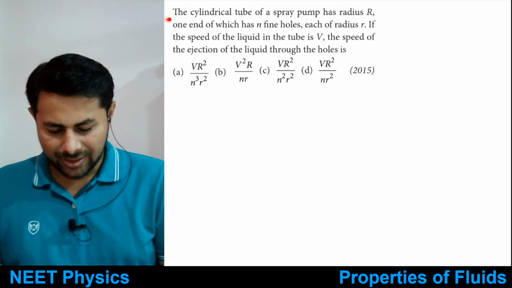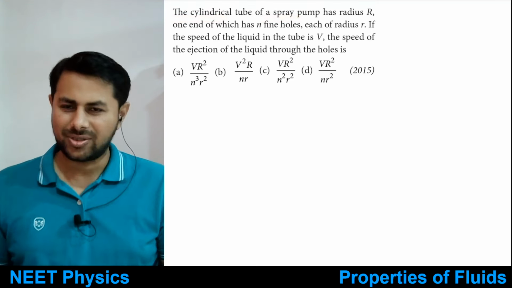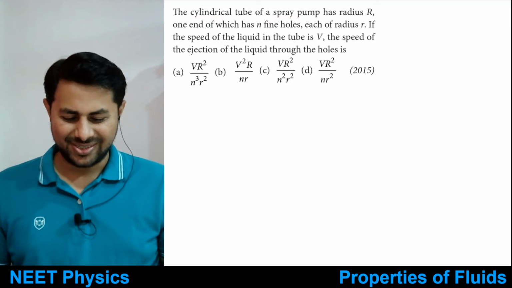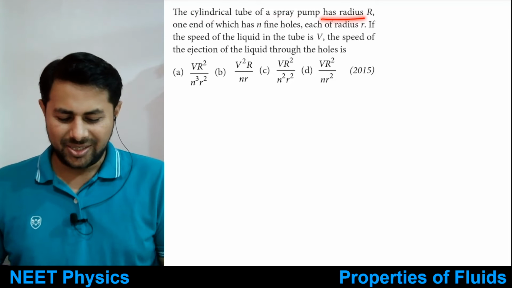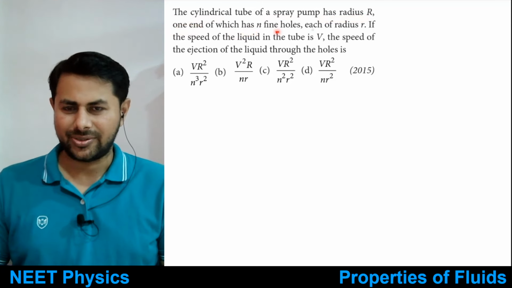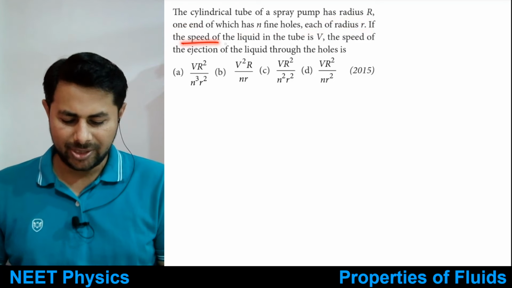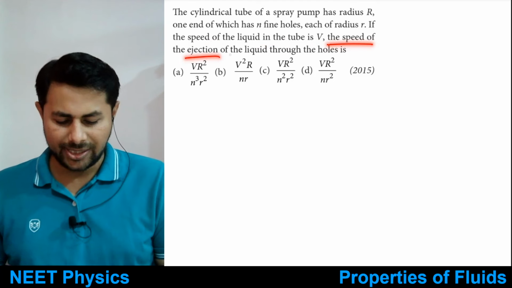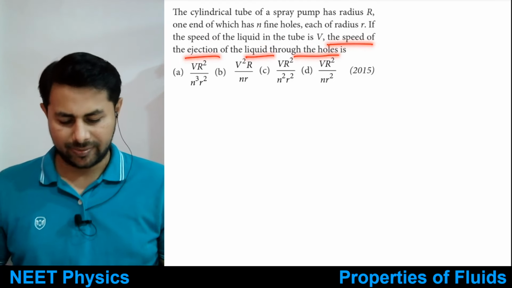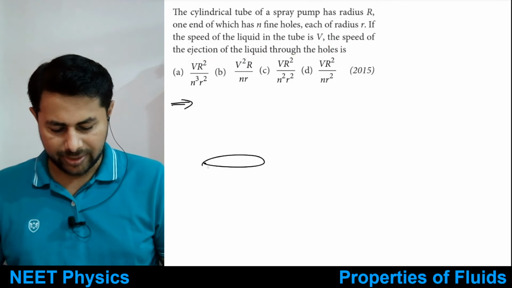Okay, the cylindrical tube of a spray pump. So spray pump, it works on Bernoulli's principle, right? It has radius r, one end of which has n fine holes, each of radius small r. If the speed of the liquid in the tube is v, then the speed of ejection of liquid through the holes is... So this is your spray pump, something like this.